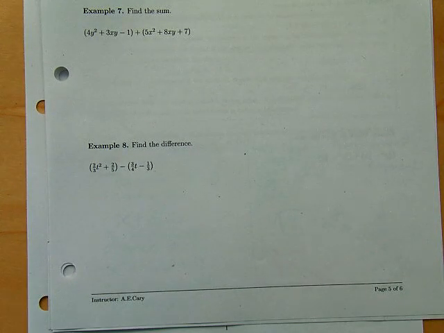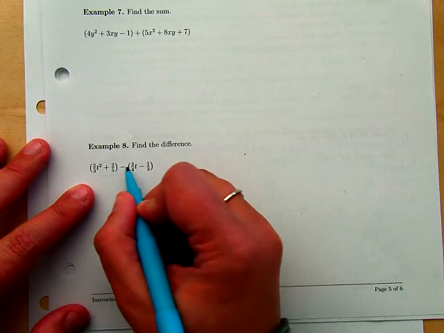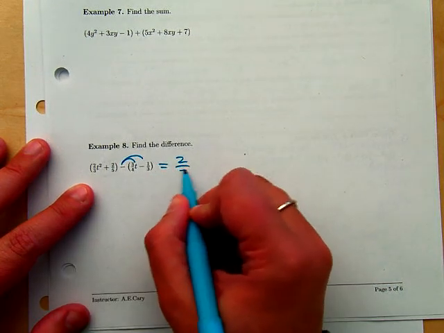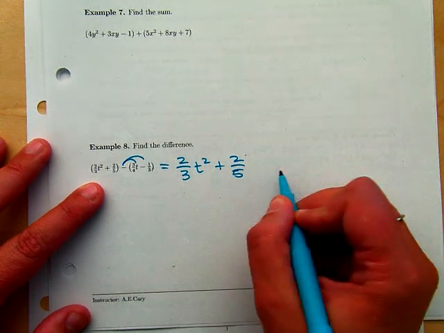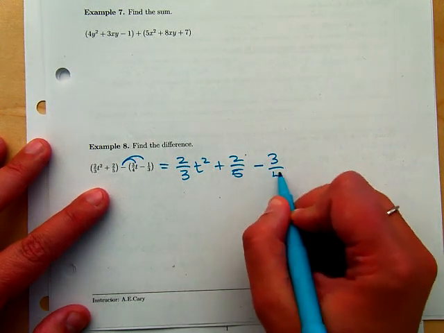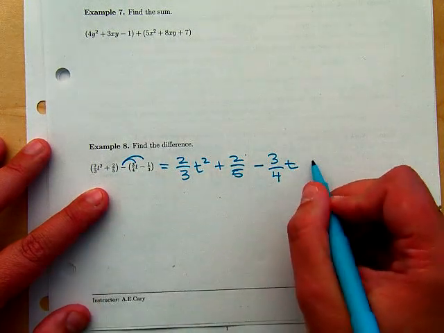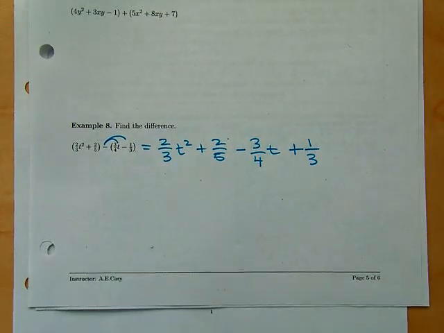Does that help? Okay, so here, again, we see the subtraction, so we want to distribute the negative, right? So I'm going to rewrite that 2/3 t squared plus 2/5 minus 3/4 t. And then what's a negative times a negative? Does everybody see why at the end I have a positive 1/3? Okay. Now, are there any like terms here that I can add together?